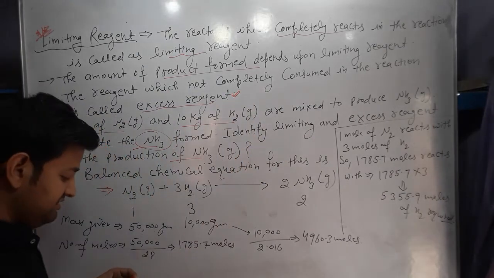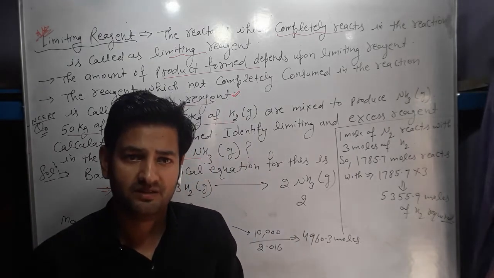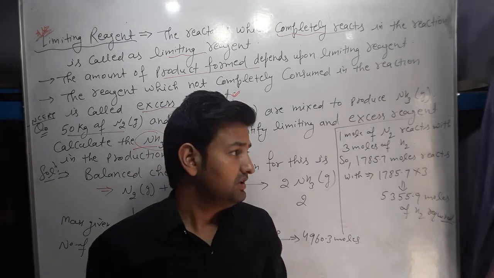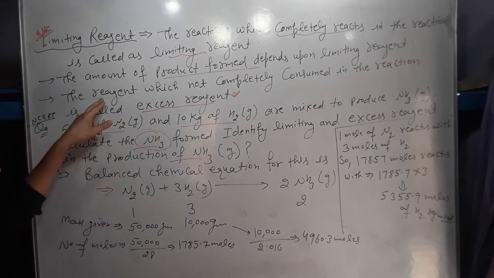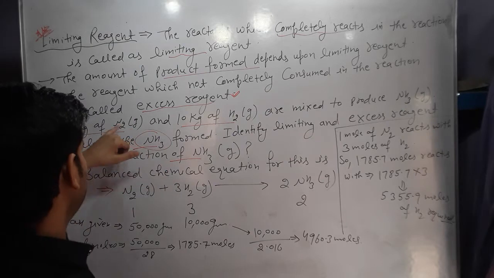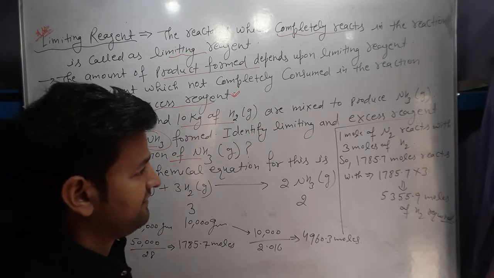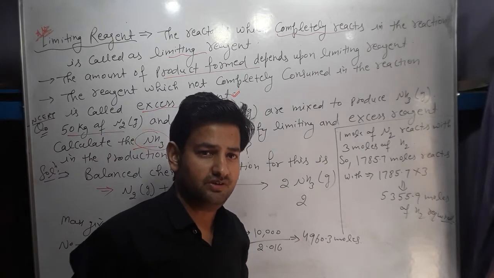Excess reagent means that when the product is formed according to the limiting reagent, the reagent whose amount is left over afterwards is the excess reagent. Let us clarify this concept with the help of a question.